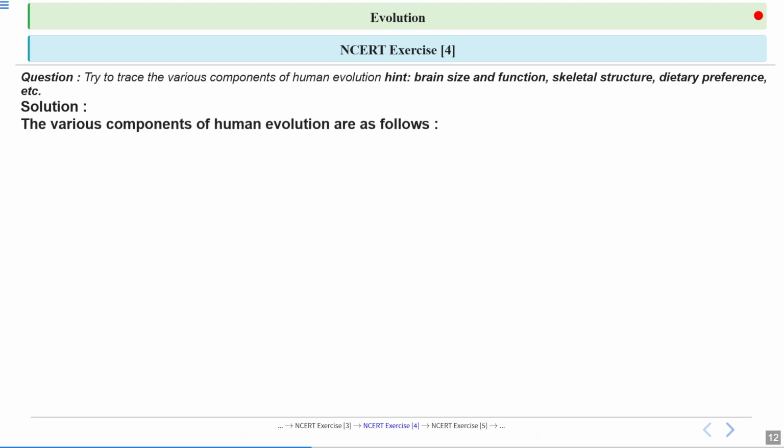Now, the various components of human evolution are as follows. First, we will consider brain capacity. We'll also consider the posture, whether they were erect or not. We'll also consider the food or dietary preference and some other important features as well.